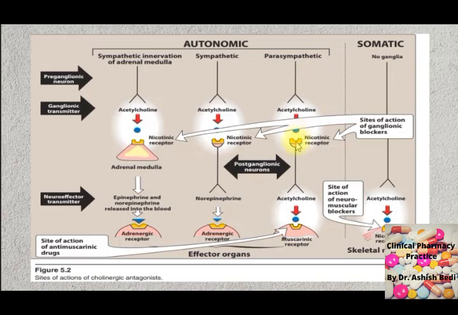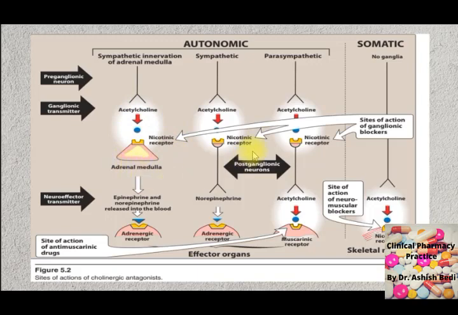Now if we move towards the sympathetic system flow chart, the preganglionic neurotransmitter is acetylcholine only, same as the parasympathetic nervous system. So here also the nicotinic receptors are activated by acetylcholine only. Now if we move towards the adrenal medulla, the neurotransmitter is also acetylcholine only.